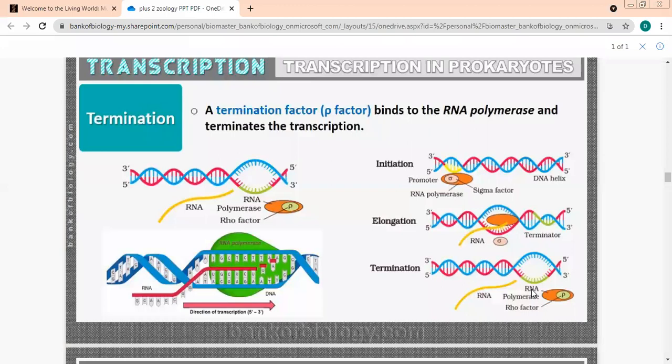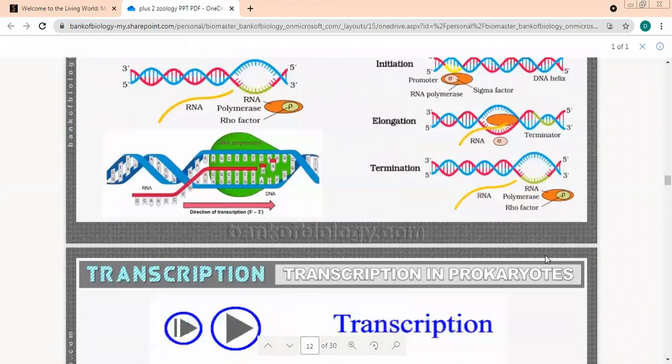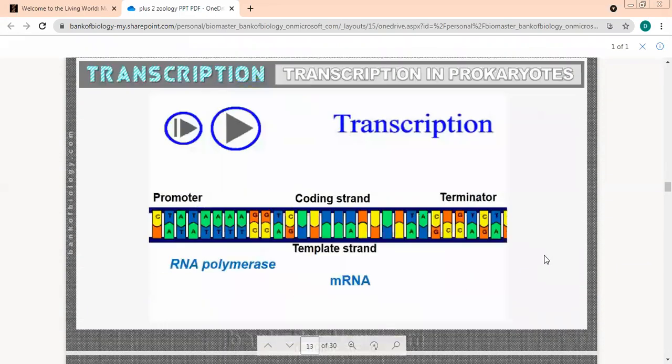Sigma. Which factor is responsible for termination of the process? Rho factor. Okay. Then this will bind over here, and this is the one which is going to terminate. So 3 steps we had: initiation, elongation, termination, promoter, coding strand, terminator.